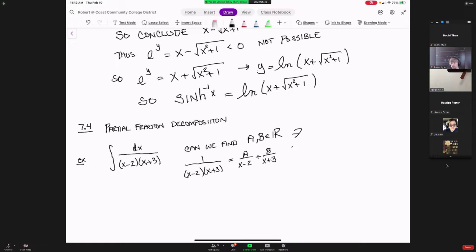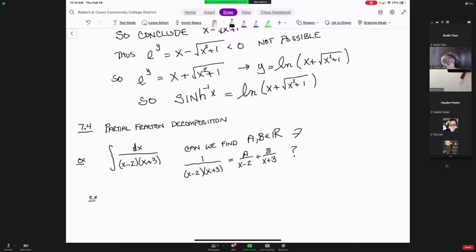Okay, so if we could, then integrating this thing would be real easy, right? Because it'd just be a times the log of x minus 2 plus b times the log of the other one. All right, well, let's see if we can get some justification for some of this stuff. So let's go to integers.